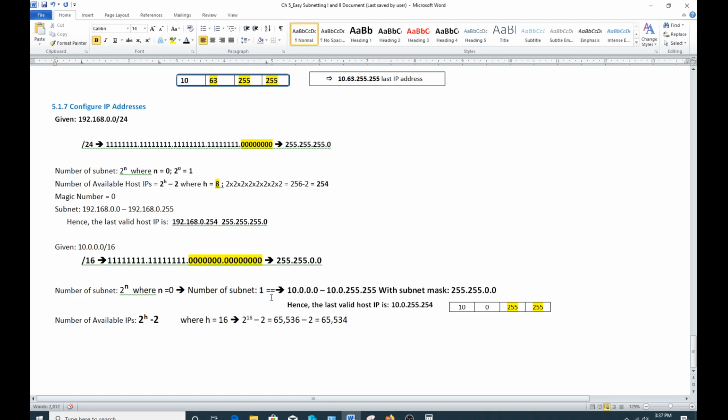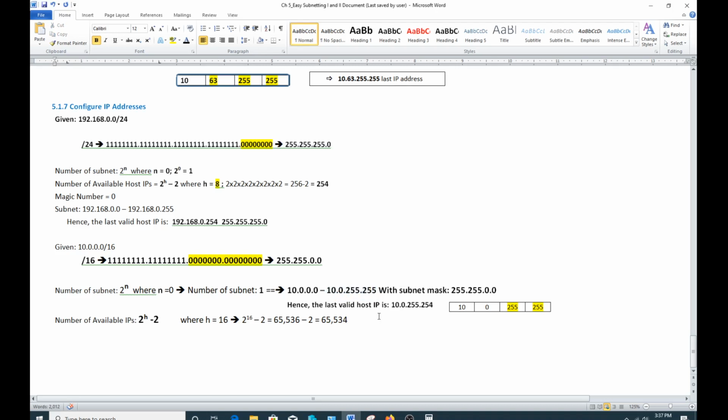But now we need to find out the last valid IP address that we can assign to our NIC card number 2. Well, notice that this subnet starts from here and it ends with the last IP address right here. How do I know it's 255.255? Because these two octets right here are the ones that are changing, and the maximum value of the third octet is 255, and the last octet also has a maximum of 255, so that is the last IP address of that subnet.